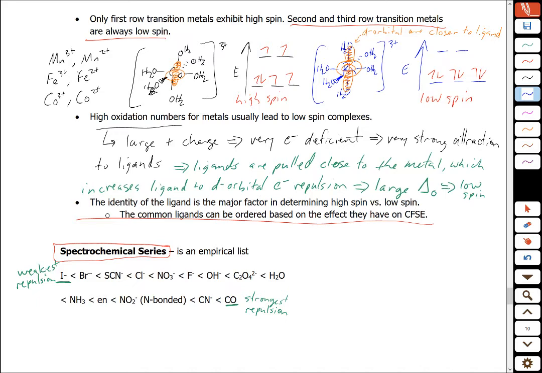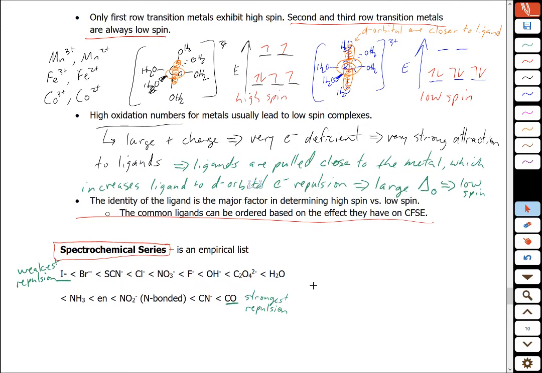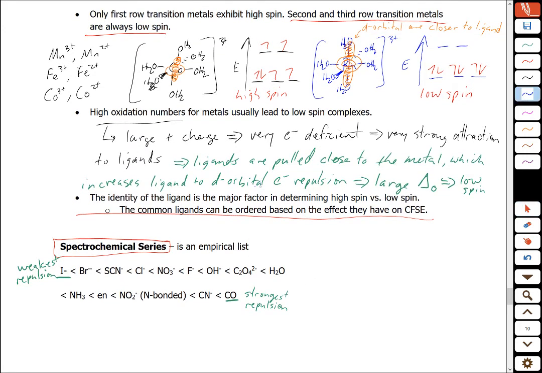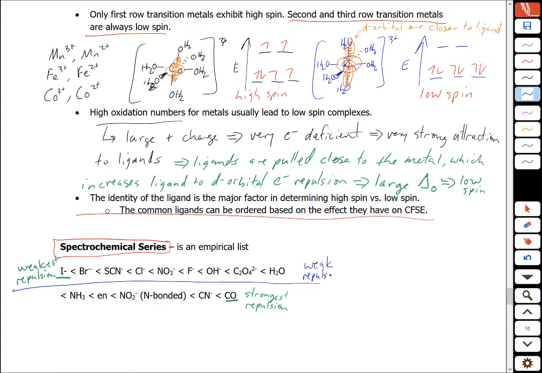One, I have intentionally presented this list such that there's ligands that are on the top line and ligands that are on the bottom line. Okay, ligands that are on the top line have weak repulsion. All of these ligands up here have weak repulsion. And in fact, what we refer to them as, we call these weak field ligands.